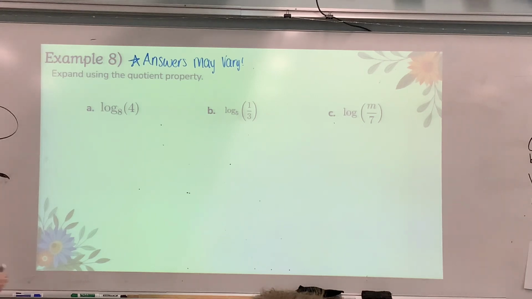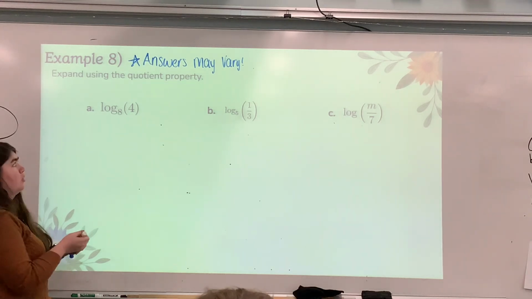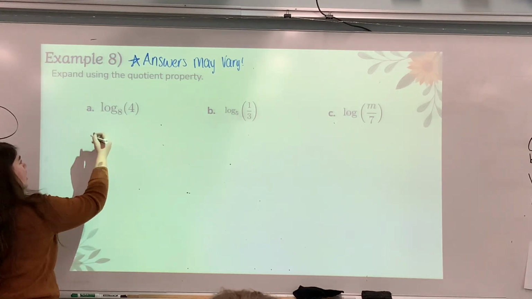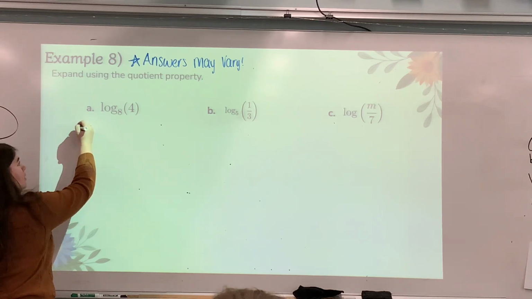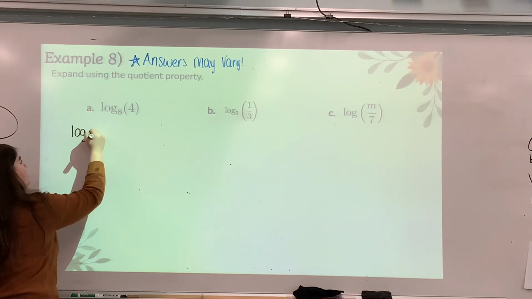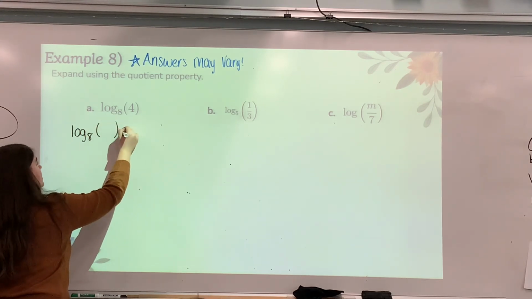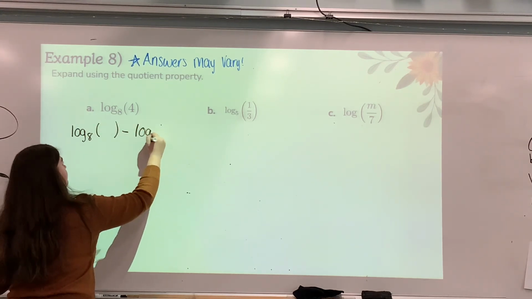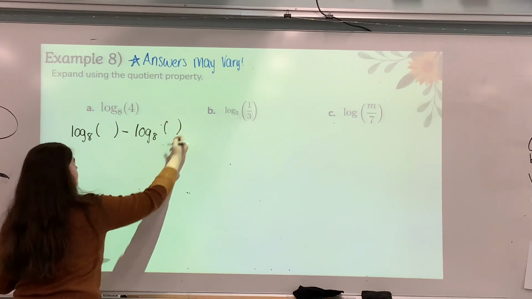So on this one, we are expanding using the quotient property. So I'm trying to get to a point where I have some subtraction happening. So I have log base 8 of something minus log base 8 of something.